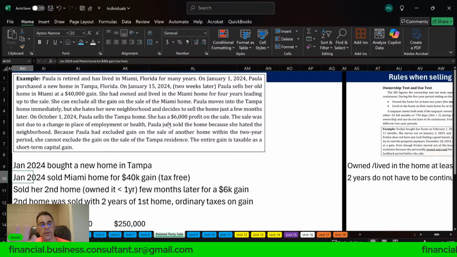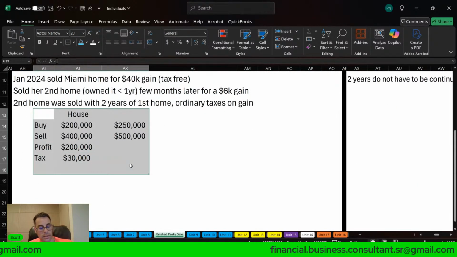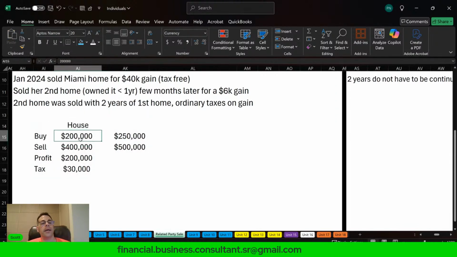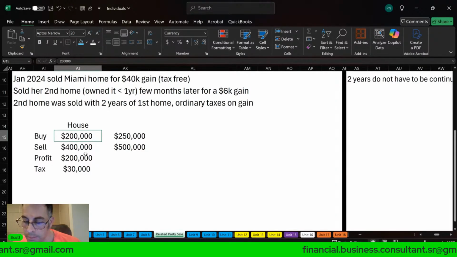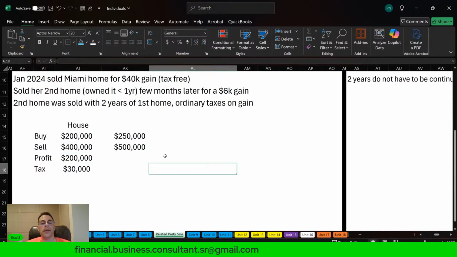There's a couple of rules in order to get this tax break. If, in my example, you sold a home for a $200,000 profit, in order to not pay taxes, two things have to happen.